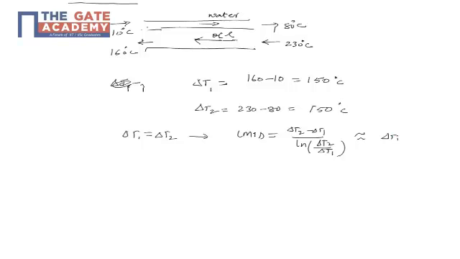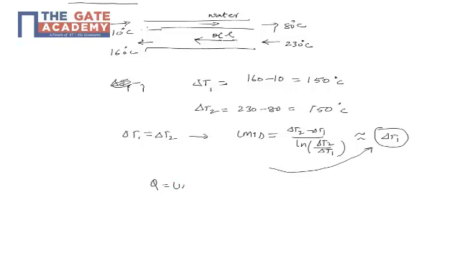There is a derivation for that: when you derive this LMTD, at the point when delta T1 equals delta T2, LMTD becomes delta T1.